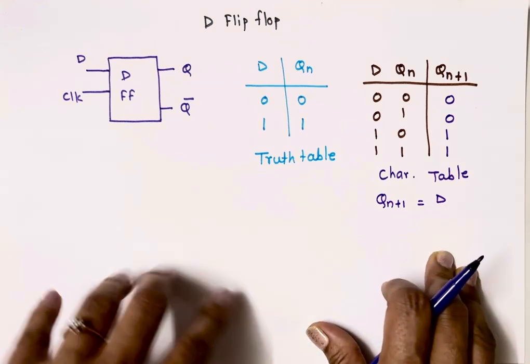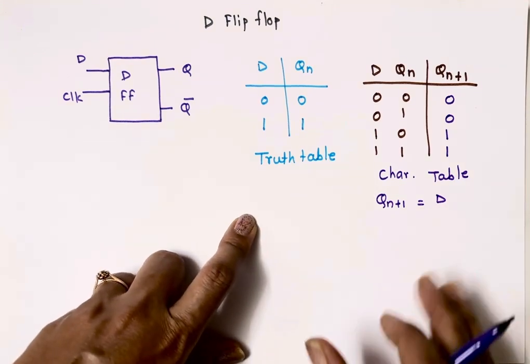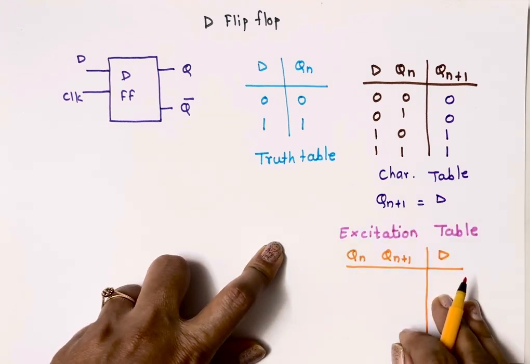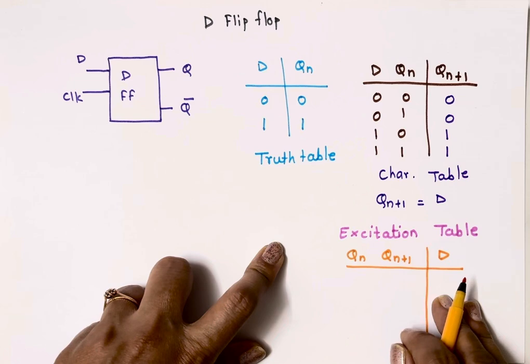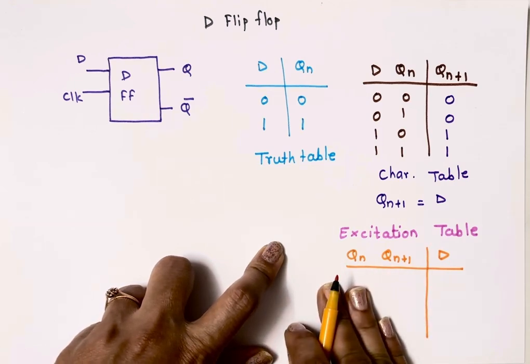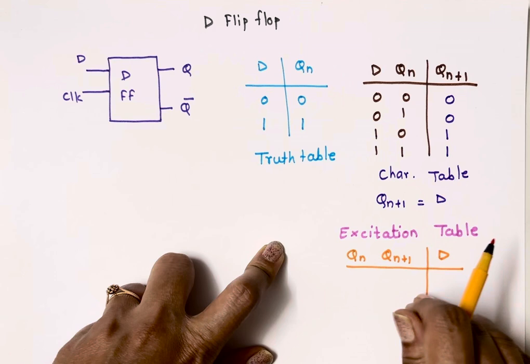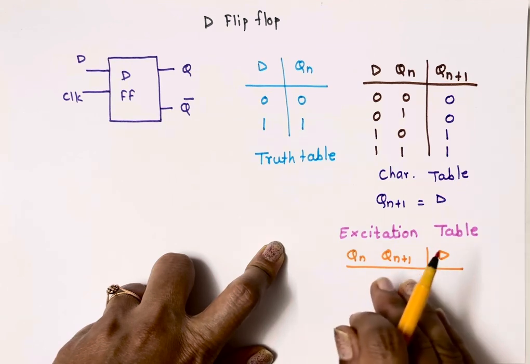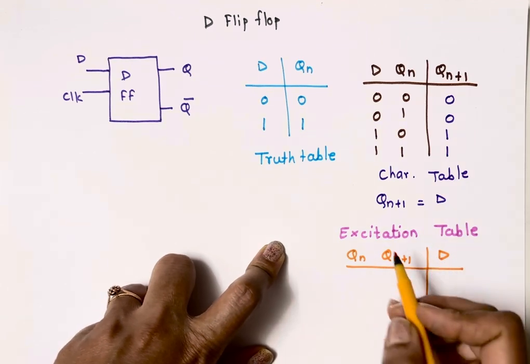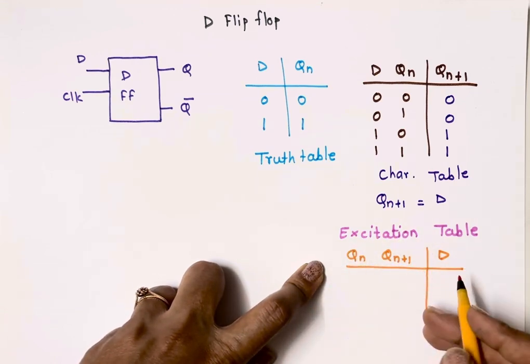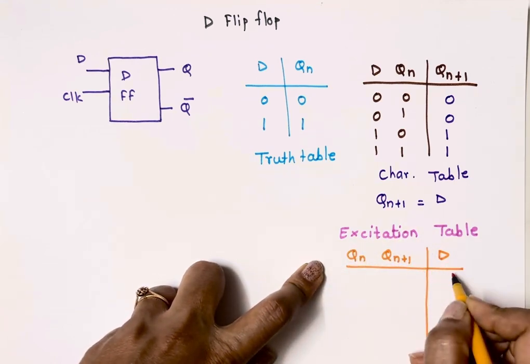Now let's write the excitation table. The excitation table basically tells us: I have this output now, I want this output after some time, what input should I apply? So the excitation table gives us the values of outputs and asks us to predict the value of input.